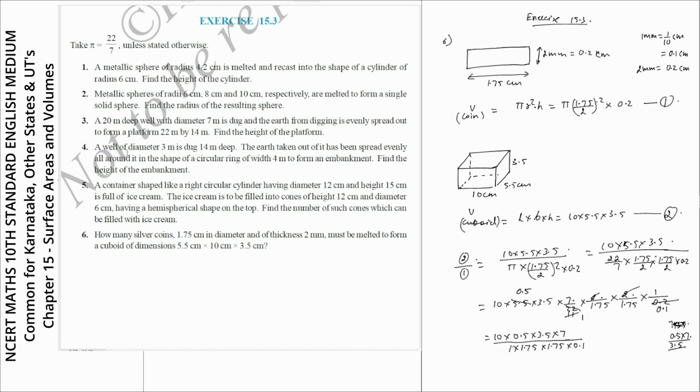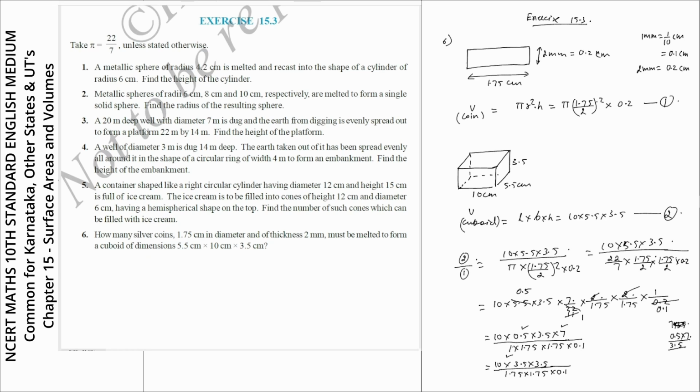So the above I can write as 10 into 3.5 into 3.5, since these two are multiplied, 0.5 and 7, into 1.75 into 1.75 into 0.1. This 1 into any number is that number itself. That's why I have taken that one.